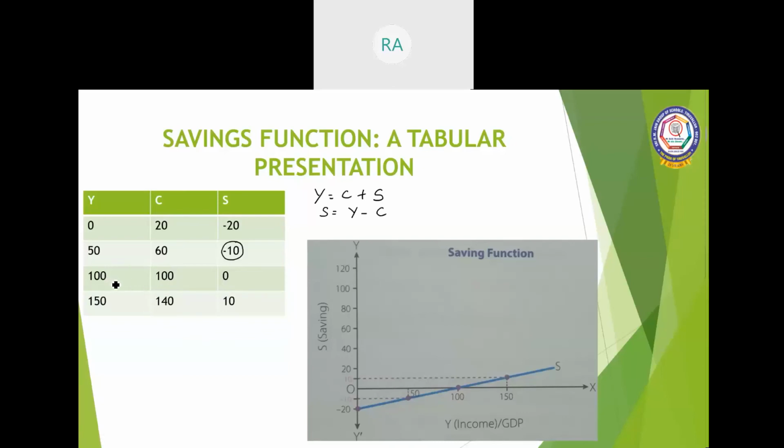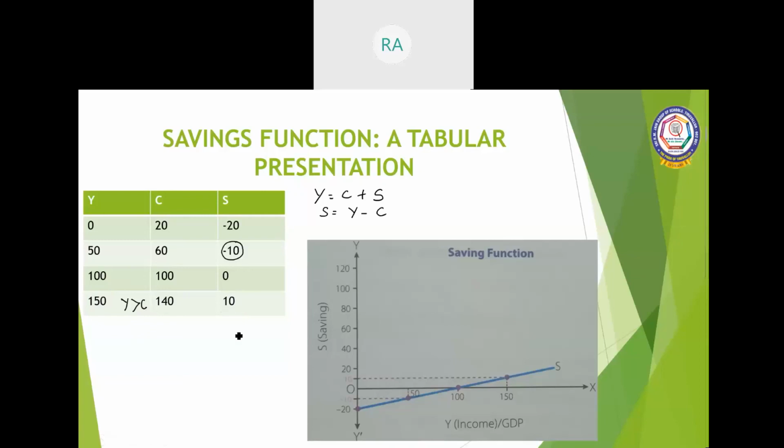Now the next level, income has increased from 100 to 150. Consumption expenditure has increased from 100 to 140. You can see here a difference of 10, which is positive saving because the income is greater than consumption expenditure. 10 is the savings.